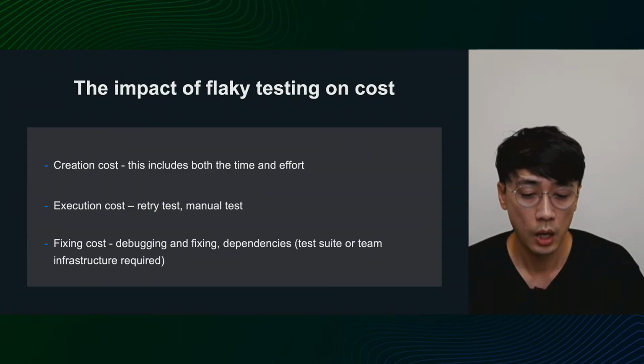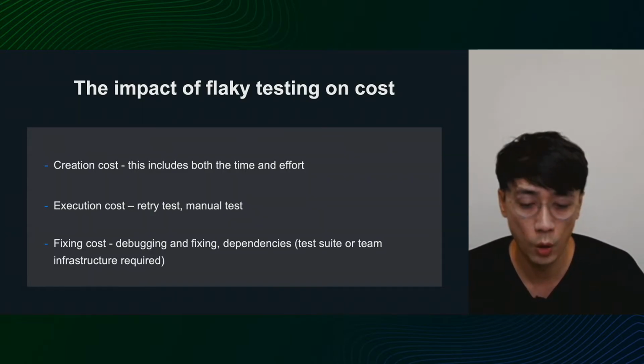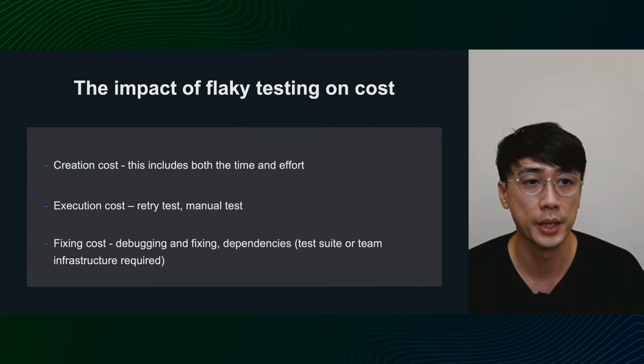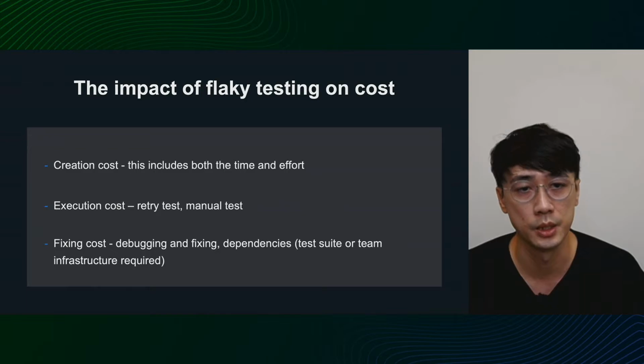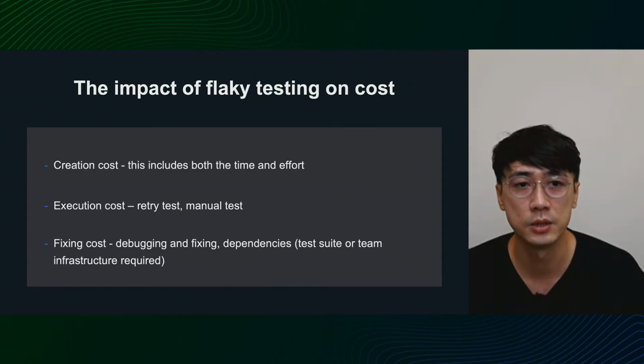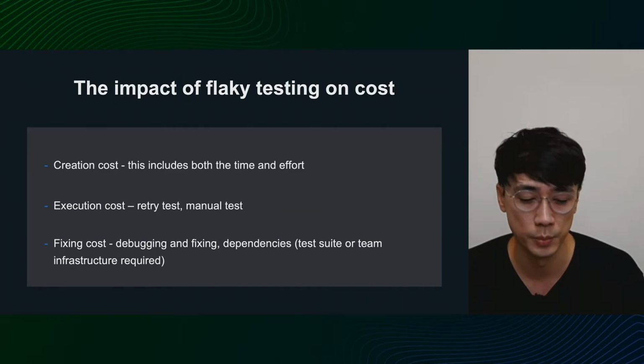So how much cost does it have an impact on? The first one is creation cost. This includes both the time and the effort needed to write the test, as well as making the system testable. A flaky test requires you to revisit the step more often than we would like, either to fix the test or make the system more testable.